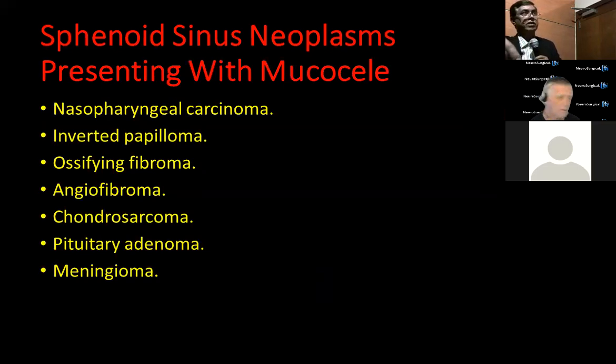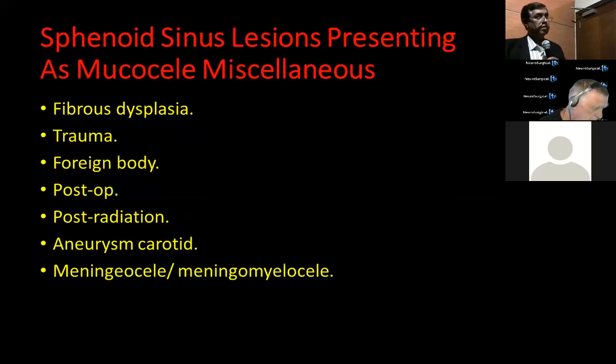And this is the idea of such meetings, that we shed light on these cases that will interfere with the management. Carcinomas, papillomas, angiofibromas, etc., pituitary tumors, meningiomas, other lesions other than tumor: trauma, foreign body, post-op, post-radiation, aneurysm of the carotid in the cavernous sinus.